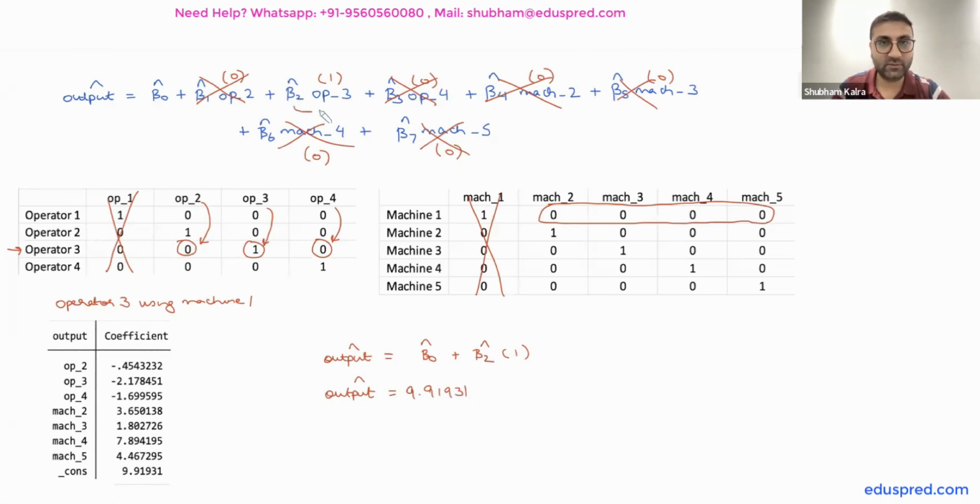Beta 2 hat is the coefficient of OP_3. You can see from here that the coefficient of OP_3 is minus 2.178451. So this implies that output hat is equal to 7.740.